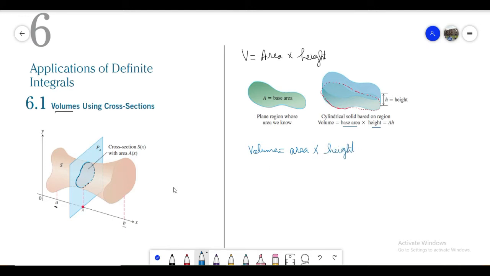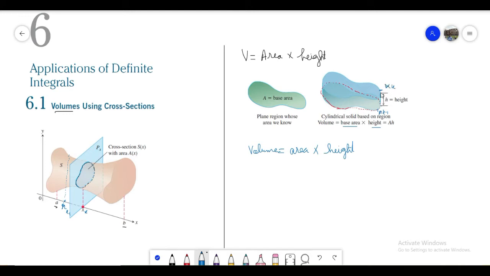Basically, if you come back to the main figure, suppose we have two points over here and it is cut by two vertical planes. Let us say we are starting from this one, x k minus 1, and this one is x k. So the lower one is x k minus 1, and the upper one is x k.